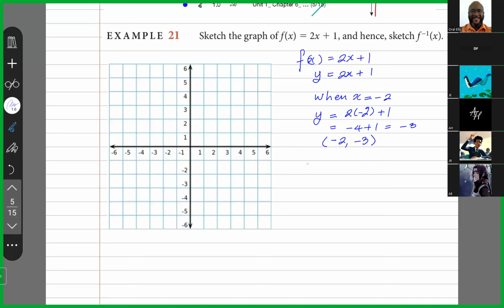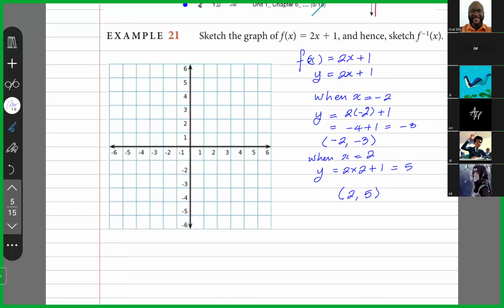So I might say, what happens when x is equal to positive 2? y would be equal to 2 times 2 plus 1, which is 5. So another point on this line is the point 2, 5.